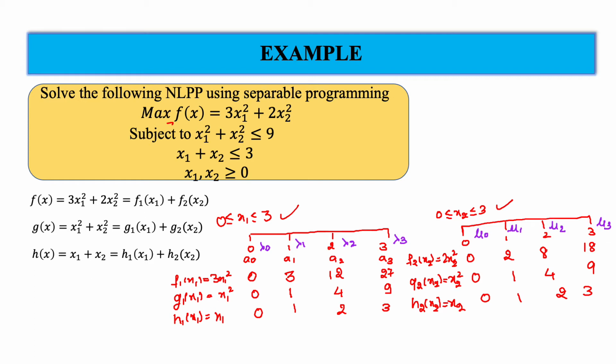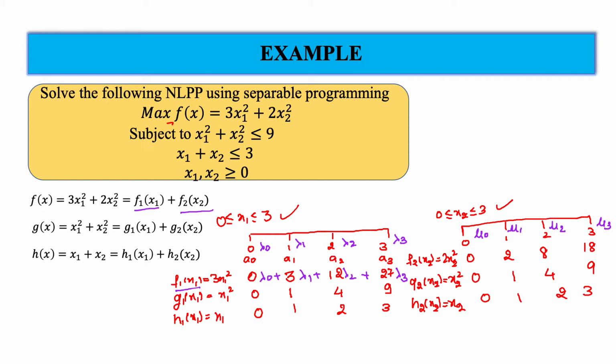We have already seen how to write down fx. fx is nothing but f1 x1 plus f2 x2. So we find the linear combination of f1 x1 first, which is 0 lambda naught plus 3 lambda 1 plus 12 lambda 2 plus 27 lambda 3.